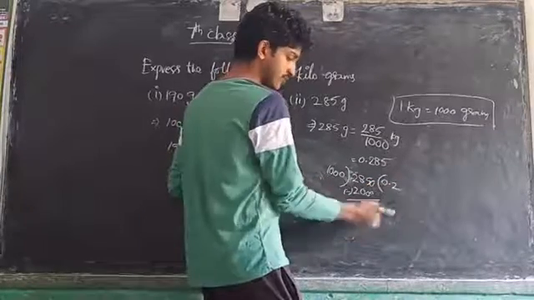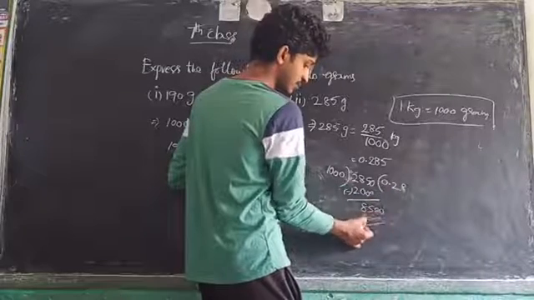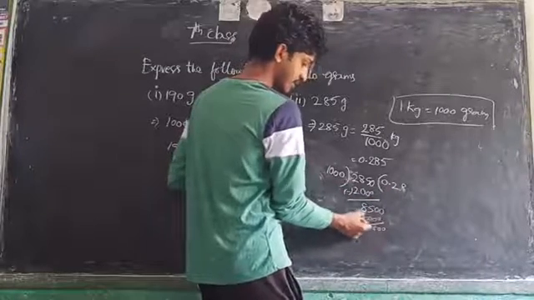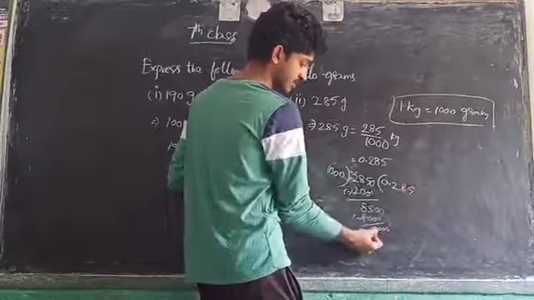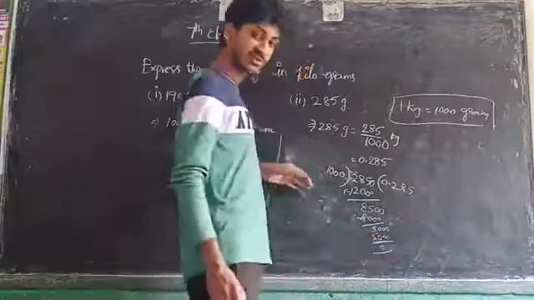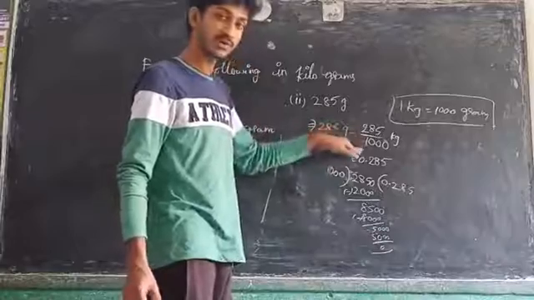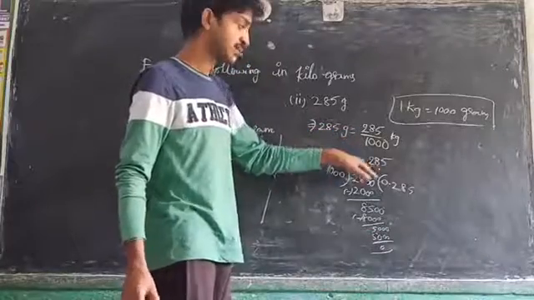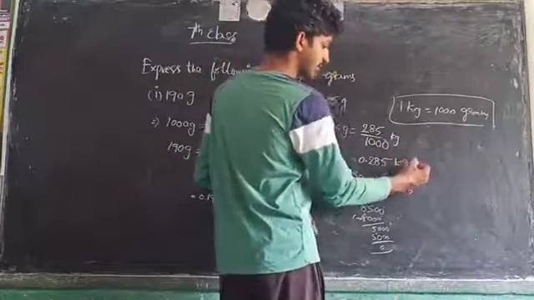So in 8500, 8 times 1000, 8000. So 500 is the remainder. Now add 0. How many times? 5 times. 5 into 1000, 5000. 5000 minus 5000 is equal to 0. Like that, we have to convert this 285 by 1000 into decimal numbers. 0.285 is the answer. So 0.285 kgs.